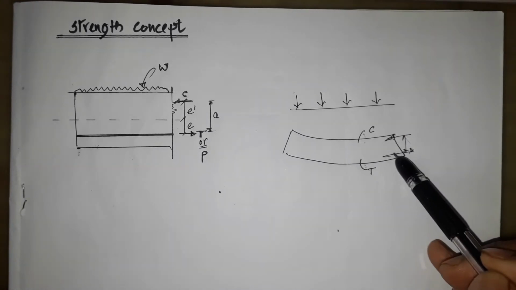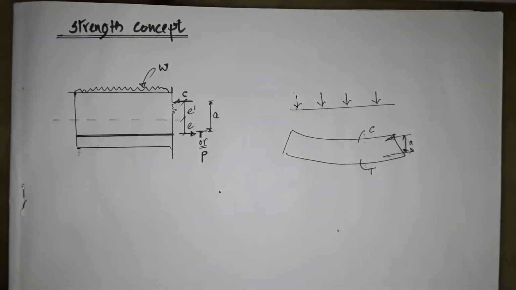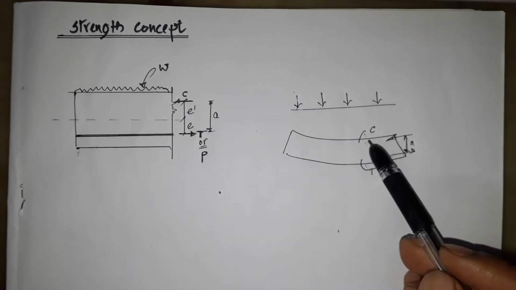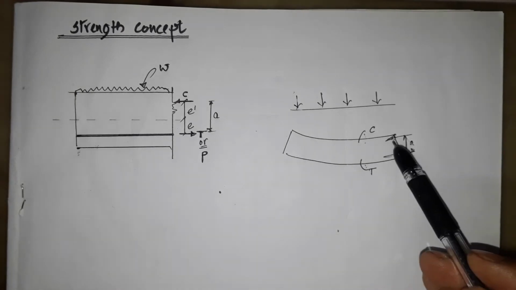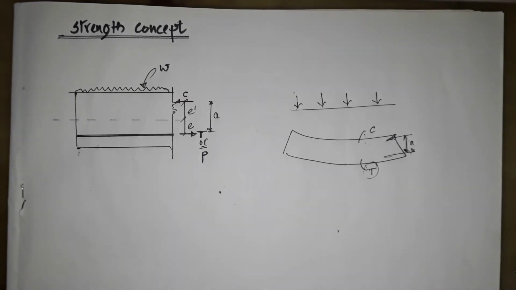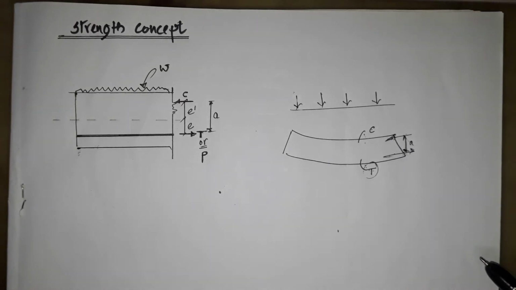Compression will act about tension, or tension will act about compression, with some distance, let's call it A. The compression will be taken care of by concrete and the tension will be taken care of by steel, and these two forces will develop the internal resistance and form a couple with respect to the distance A. So C will act about T, and they will form an internal resisting moment.